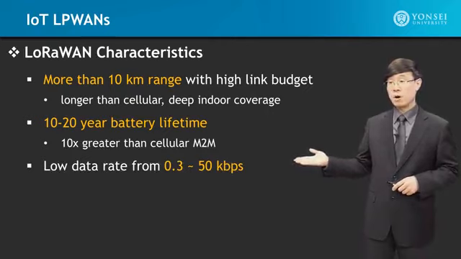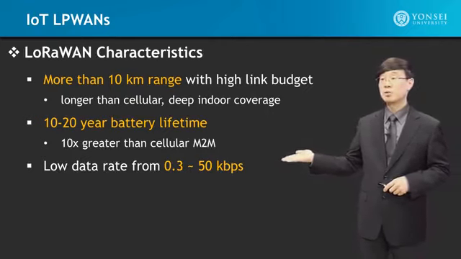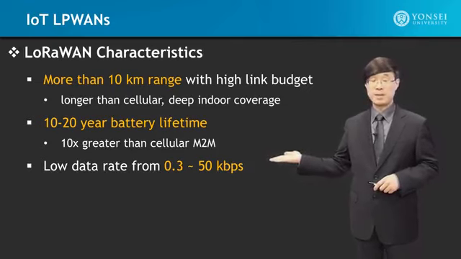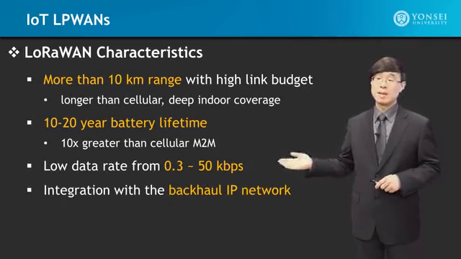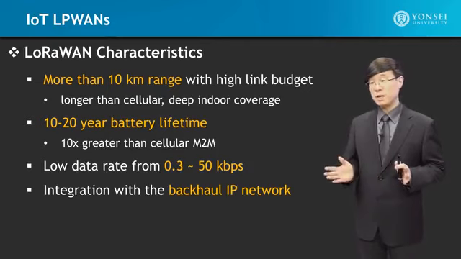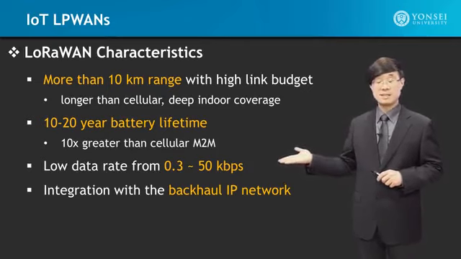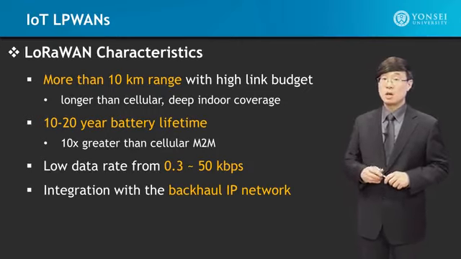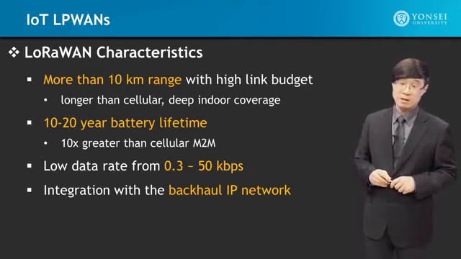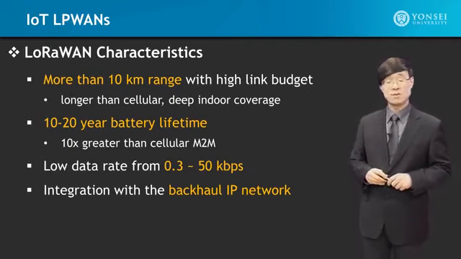Low data rate, from 0.3 to 50 kilobits per second. Now, if there's a drawback, this would be it, that the data rate is very low. However, if you think of it, there may be many, many devices surrounding in the environment. In addition, they are not sending data files. They're not sending multimedia video files either.